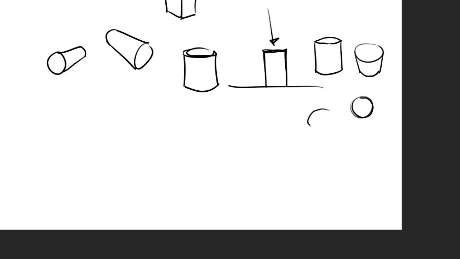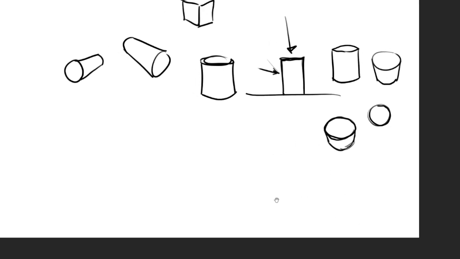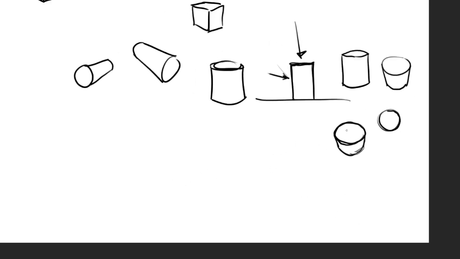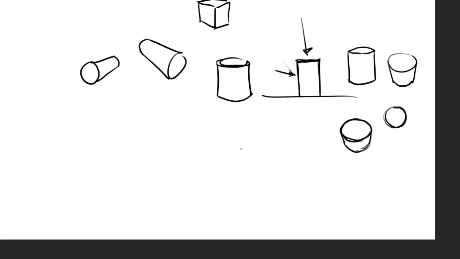If we were to look at a slight angle, we would see a wide ellipse, and this length of the cylinder would start to get very short. So that in essence is what foreshortening is about.